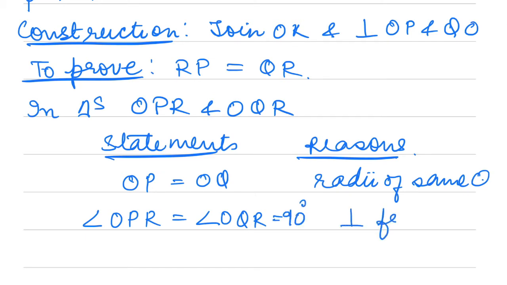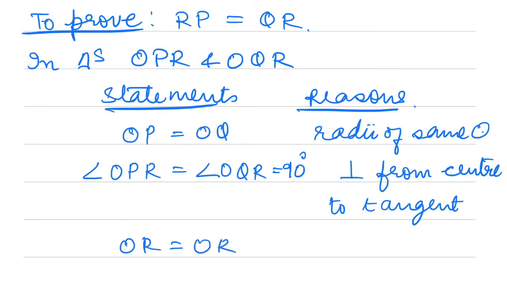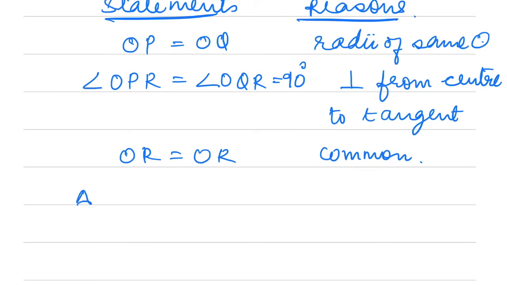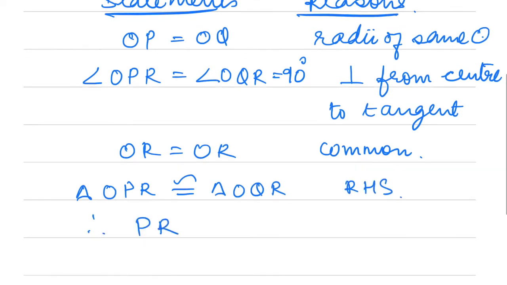So perpendicular from center to tangent. OR is equal to OR, so that is common. So I can say triangle OPR is congruent to triangle OQR by RHS property. So therefore PR is equal to QR by CPCT. So hence proved.